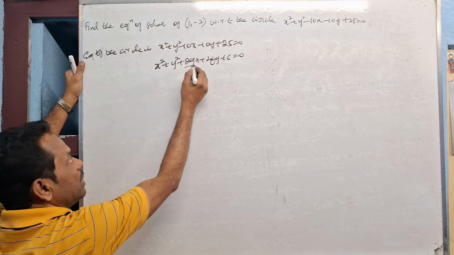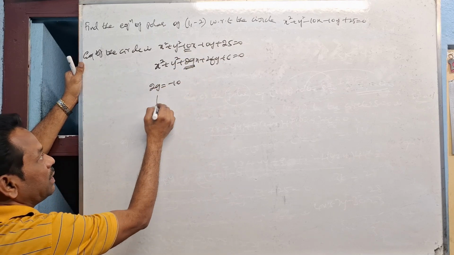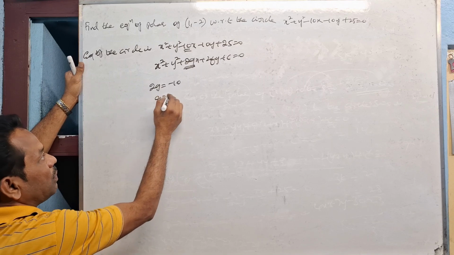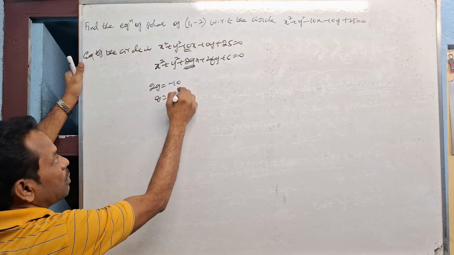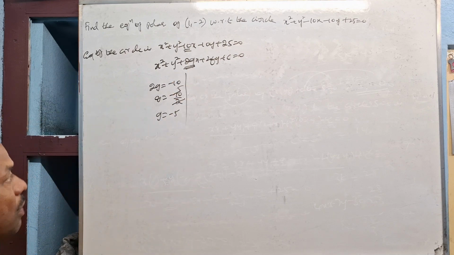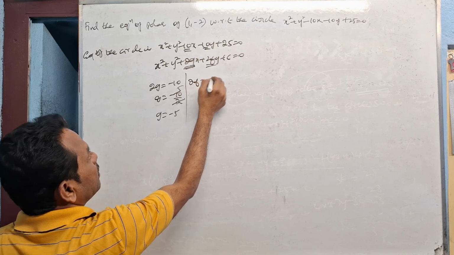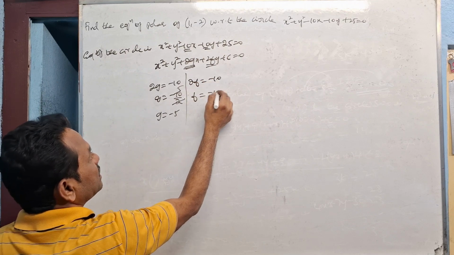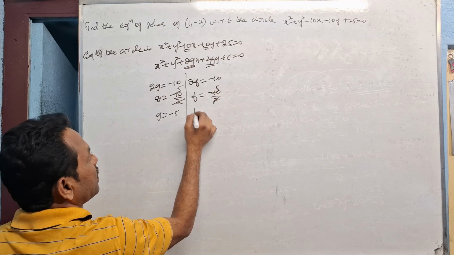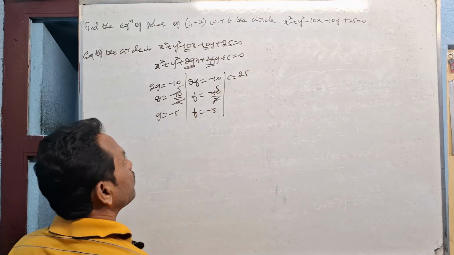So when I compare, the value of 2g is minus 10, so g equal to minus 10 by 2, I'll get minus 5. Here 2f equal to minus 10 again, f equal to minus 10 by 2, f equal to minus 5. The value of c is 25.